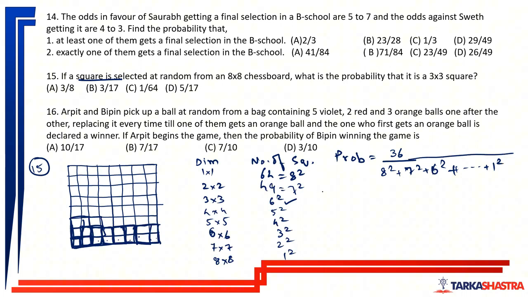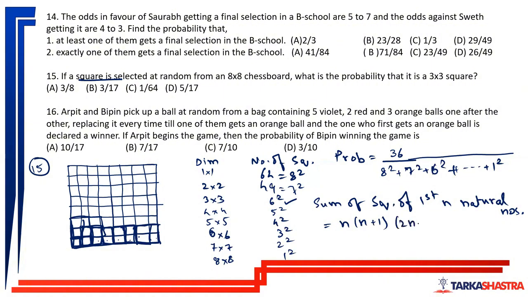Now, what is the sum of squares of first n natural numbers? Sum of squares of first n natural numbers is n into n plus 1 into 2n plus 1 divided by 6. Okay, now apply it over here.